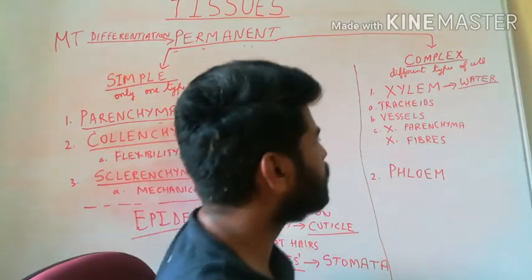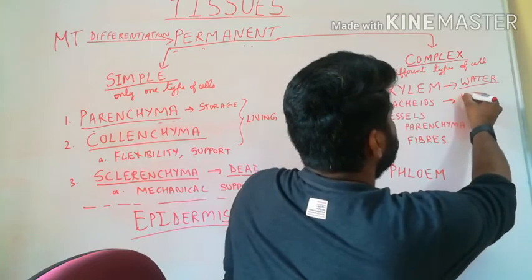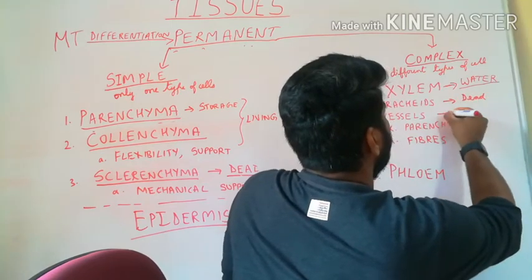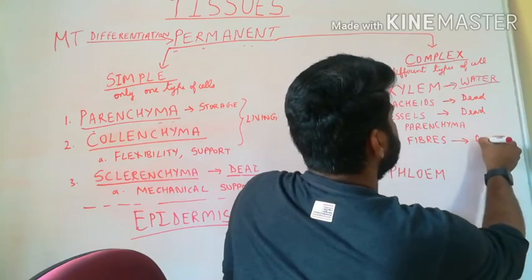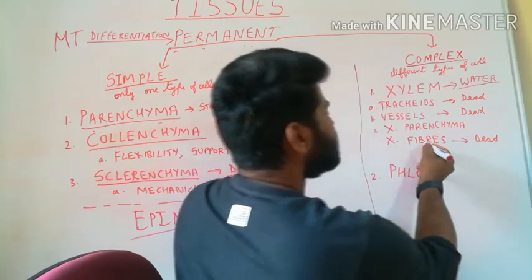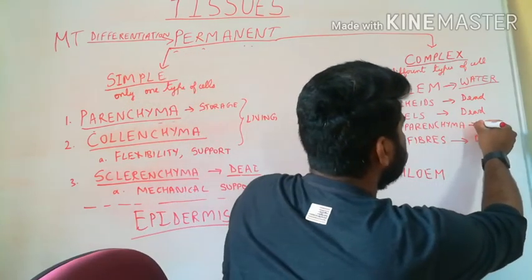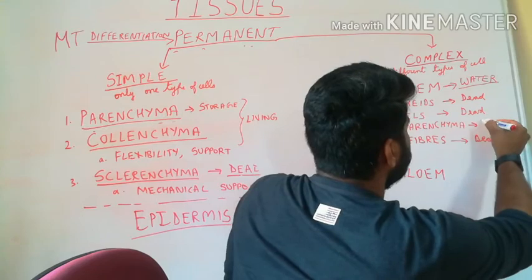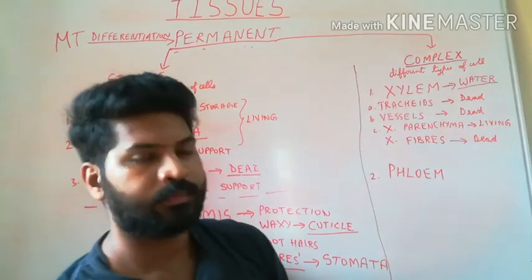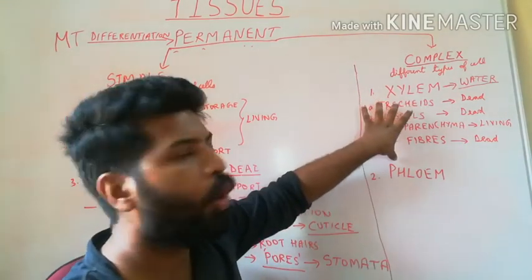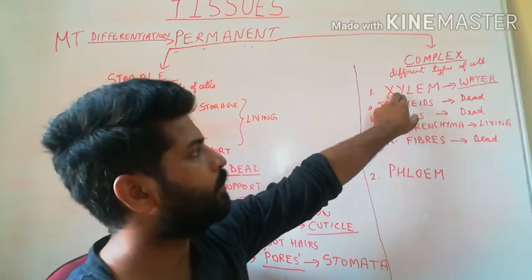So in this case, the tracheids and vessels are dead cells, and fibers are dead because fibers are made up of sclerenchyma, as you know, whereas the only living tissue in xylem is parenchyma, which is living. These are the four components of the xylem tissue.